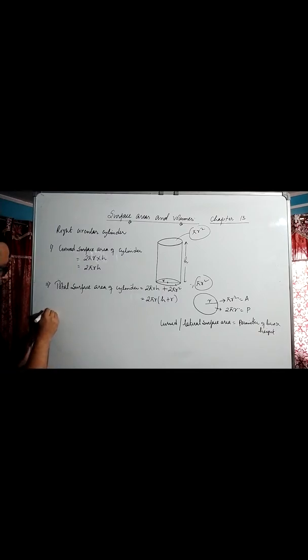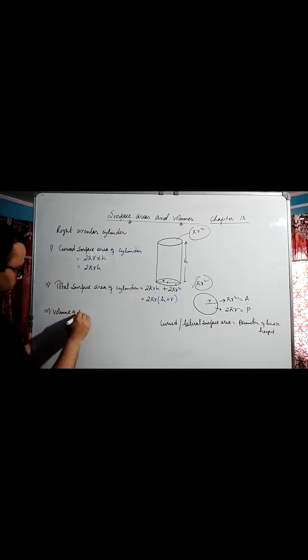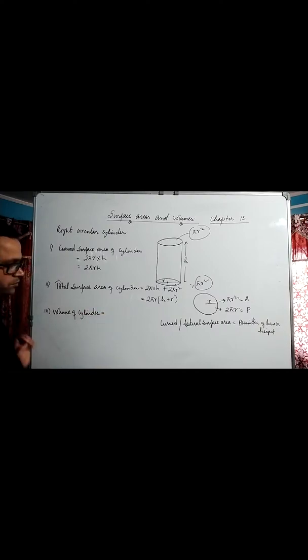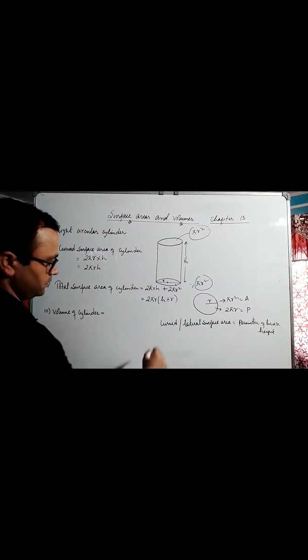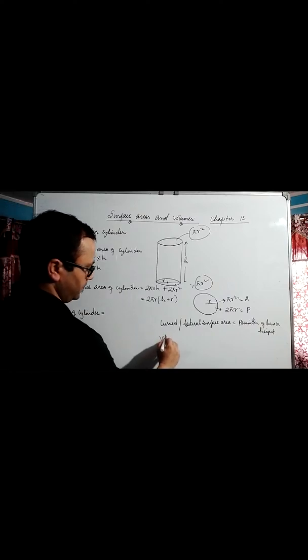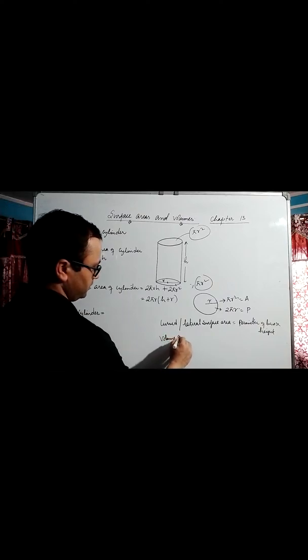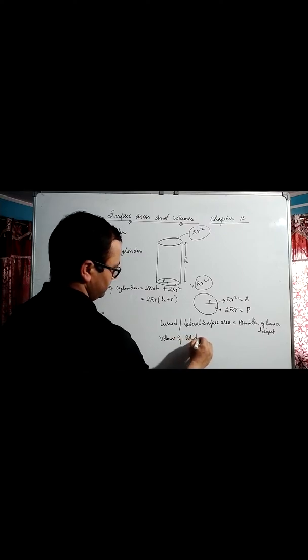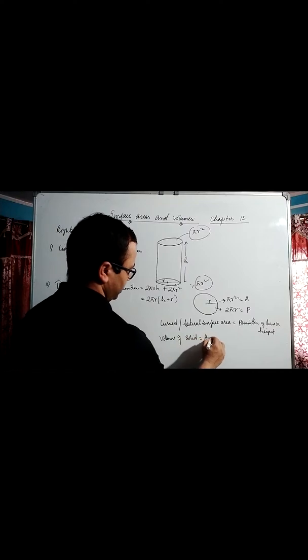Next, number 3 is volume of cylinder. Volume of cylinder equals to, we know that the volume of any solid is area of base into height.